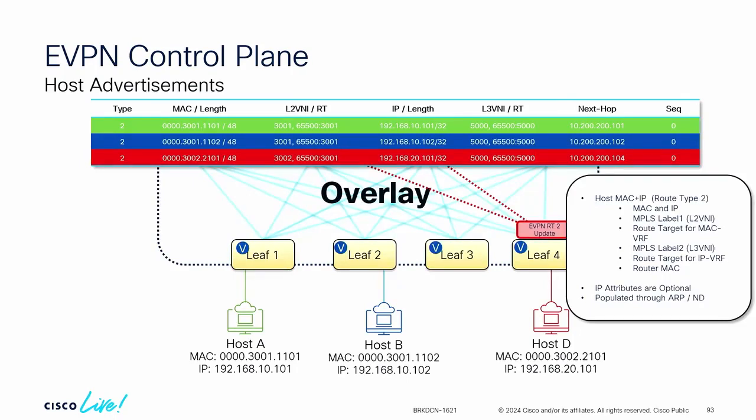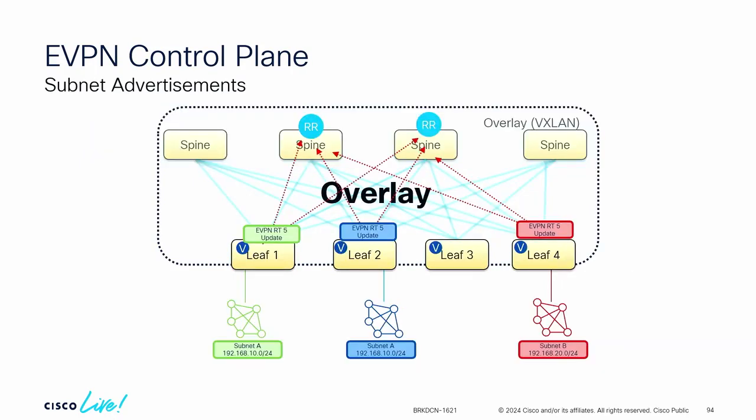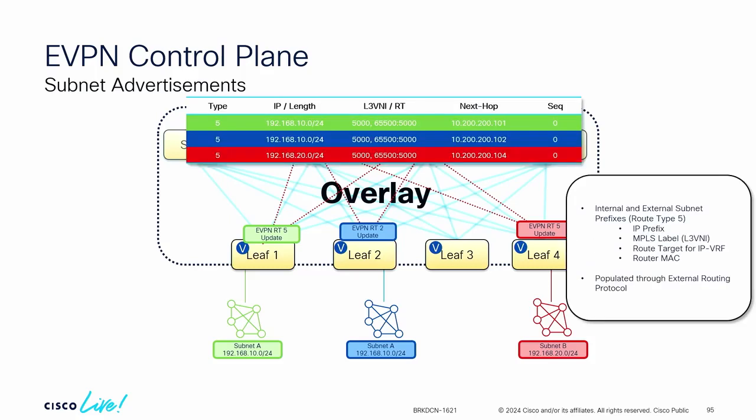What about IP prefixes? Those are subnet advertisements. What if I have different networks? Same thing. Now, instead of having MAC address information, these are route type 5s with my IP address and its length. You can see here it's not a host route. It's more of a /24 in this example, but I have the layer 3 VNI information and its next hop interfaces.